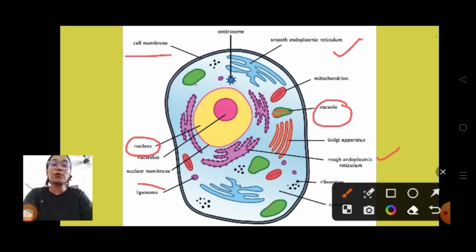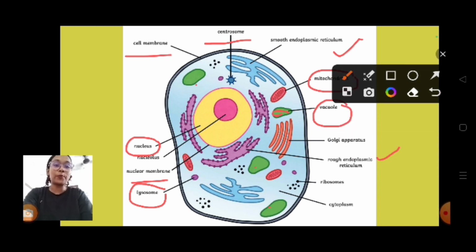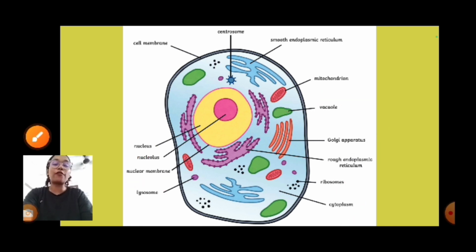They have lysosomes, which are also known as suicidal bags. They have mitochondria for energy in the form of ATP. They have centrosomes. Nuclear membrane is also present. Ribosome is there. Golgi apparatus is there. Cytoplasm is there. Understanding? So this is the picture of an animal cell.